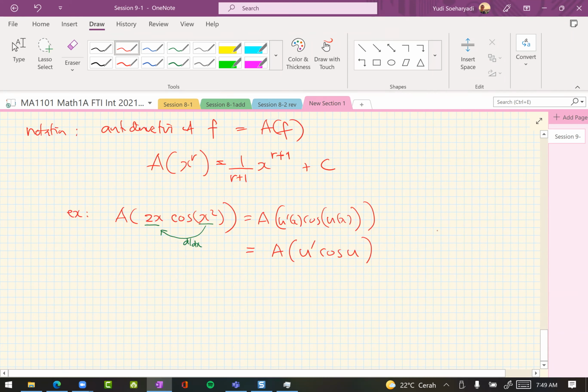And so the antiderivative is, let's see, what is the antiderivative of cosine? What function, if you take the derivative, becomes cosine? You know that's going to be sine. So this gives you sine u. This looks like the substitution method, actually, what we call.